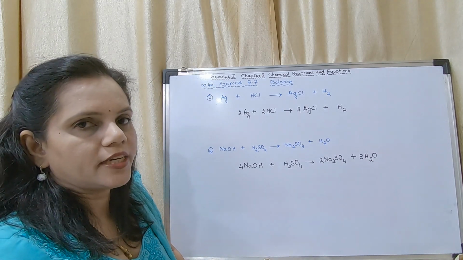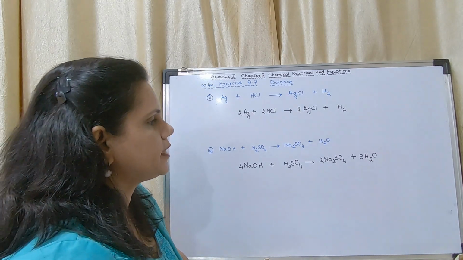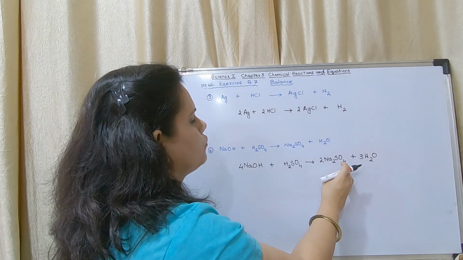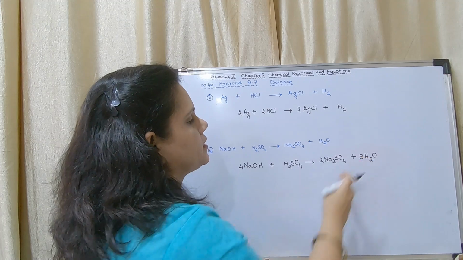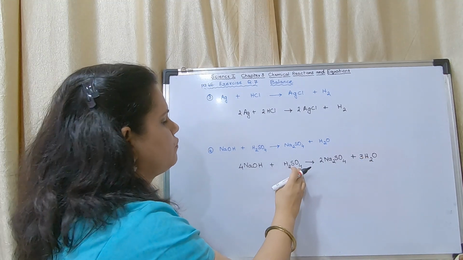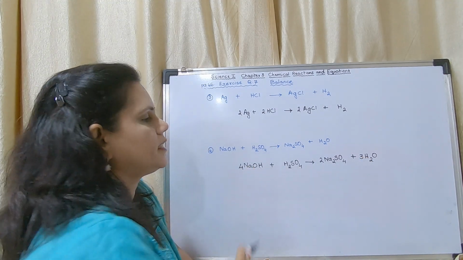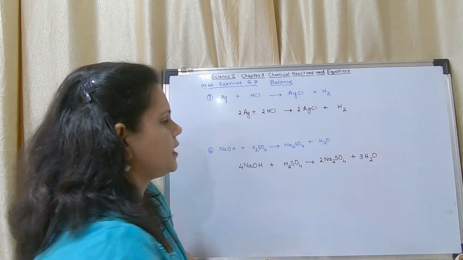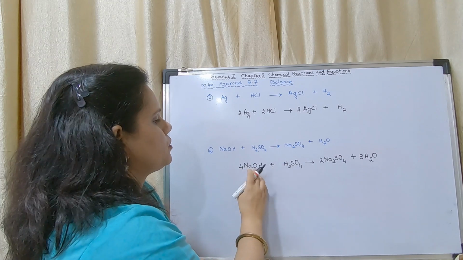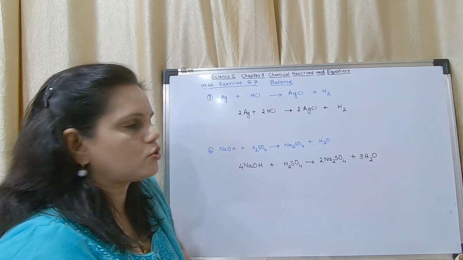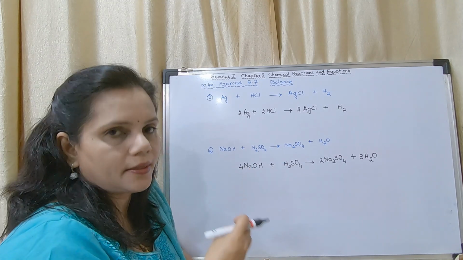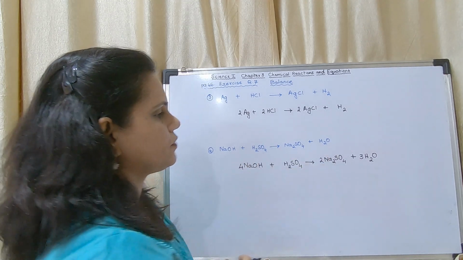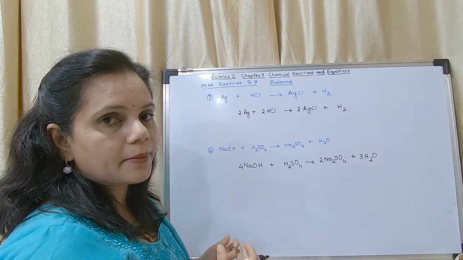When I put a 2 there, what has happened to oxygen? Oxygen has become 4 here plus 4, it is 8, 2 4s are 8, 8 plus 3, 11. This is only 8. So I will have to go on putting more and more numbers like this, and I will have to find out where I am going wrong.